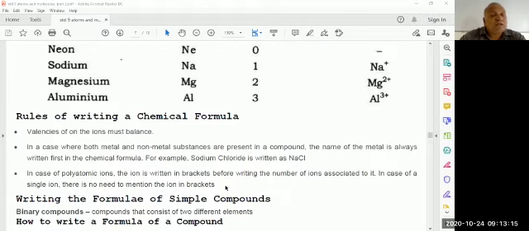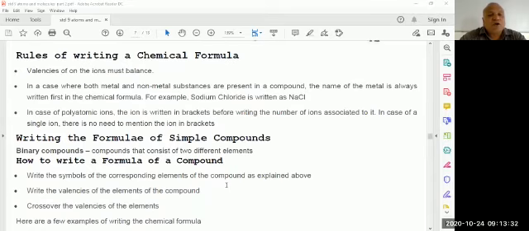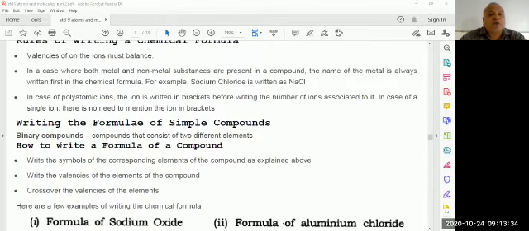It means, suppose in the ion there is more than one element, for example, carbonate, CO3 2 minus. So C and O, two elements are given. So we have to make the bracket CO3. Is it clear?